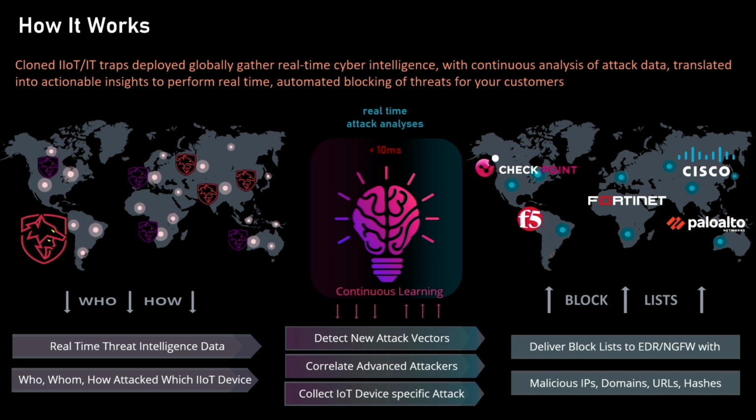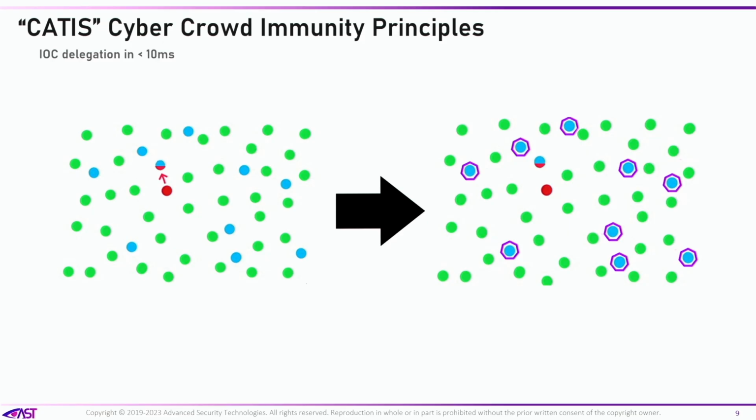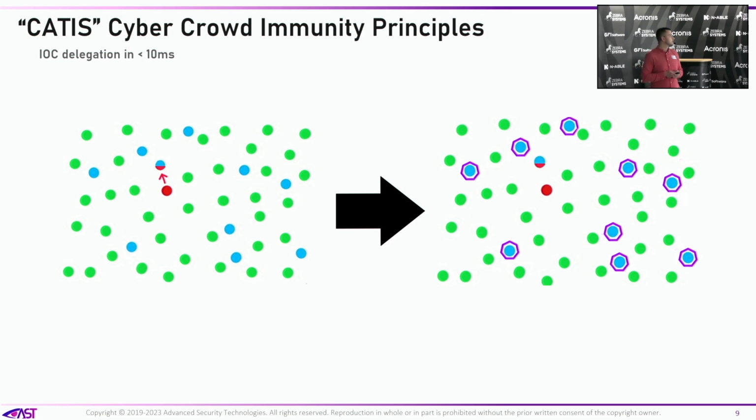And then we deliver our threat feed to third-party endpoint detection and response and new generation firewalls. So this is the cyber crowd immunity principle. If an attacker attacks one of our baits, our cyber clones, we immediately send those threat feeds to other users so they can be protected.